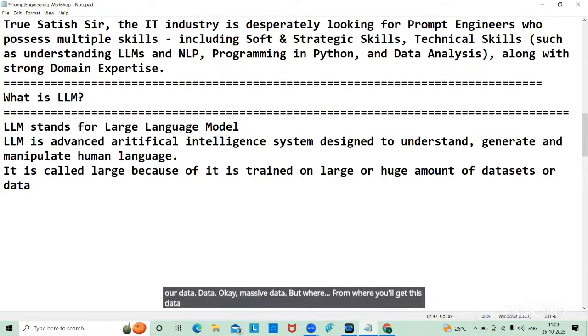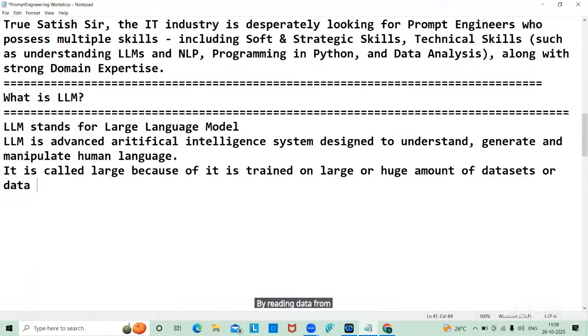How is this LLM trained? By reading data from different sources. For example, you want to learn Python. What is the source? You want to take a training on Python.